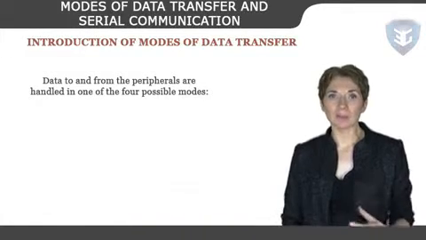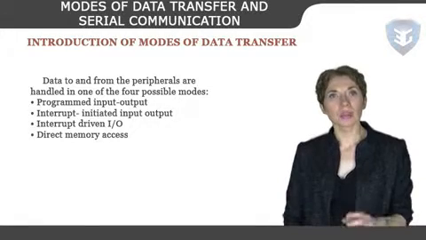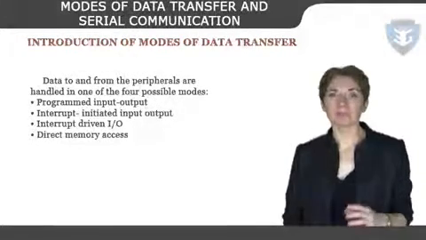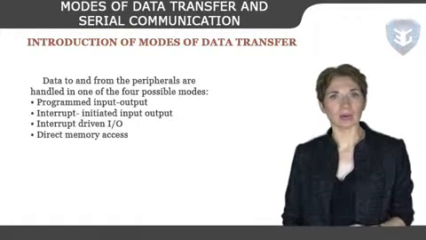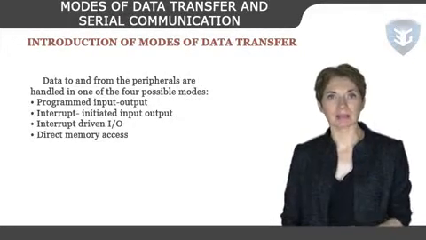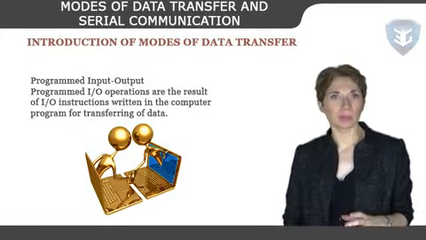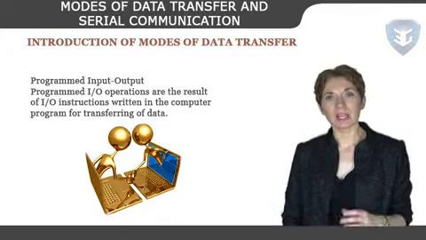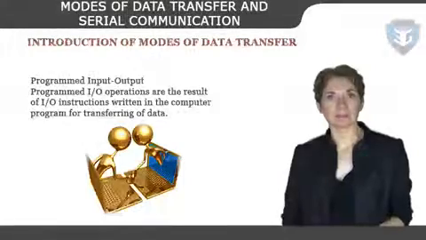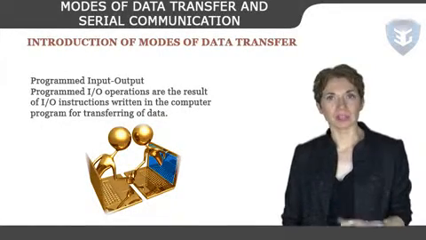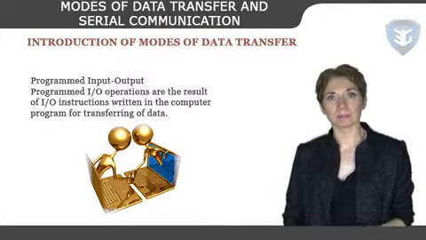Data to and from the peripherals are handled in one of the possible modes: programmed input-output, interrupt-initiated input-output, and direct memory access. Programmed input-output. Programmed input-output operations are the result of I/O instructions written in the computer program for transferring of data. Each data item transfer is initiated by an instruction written or specified in the program.